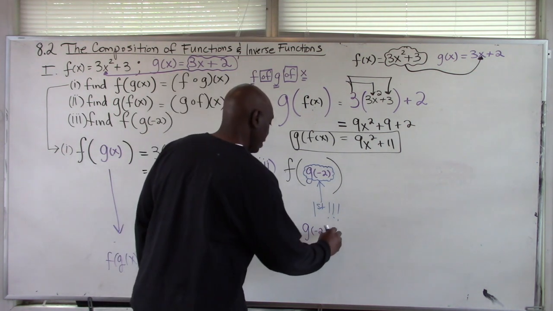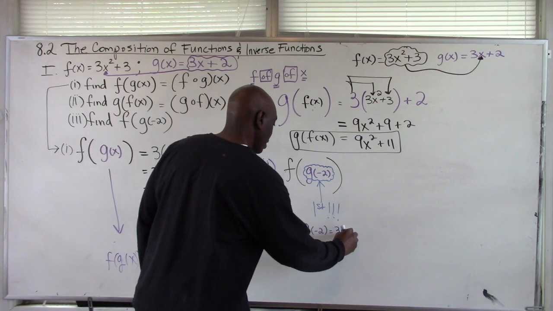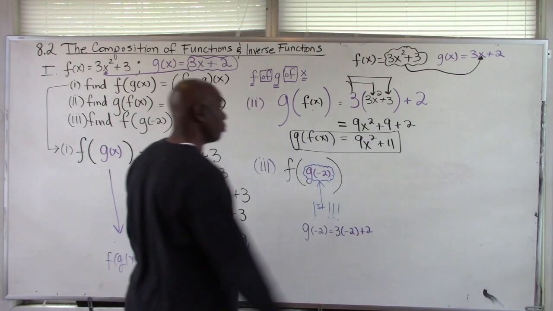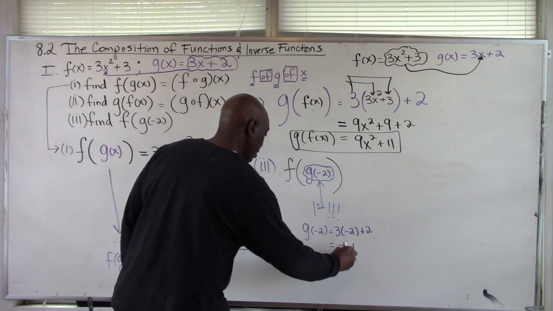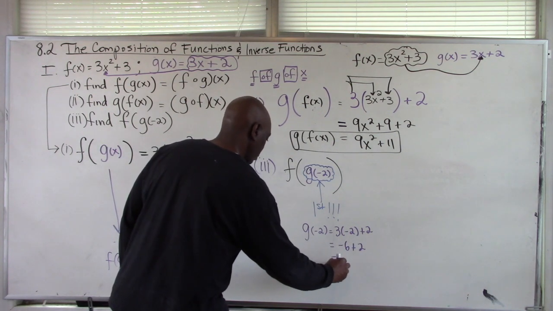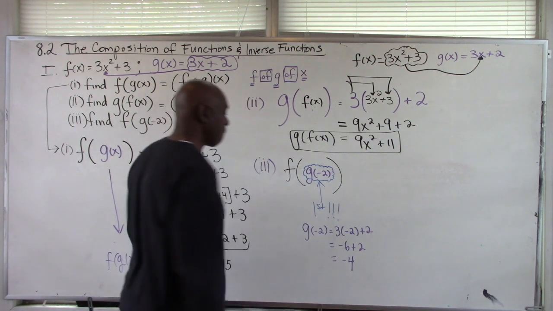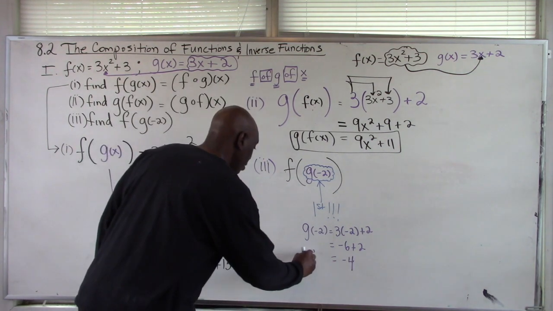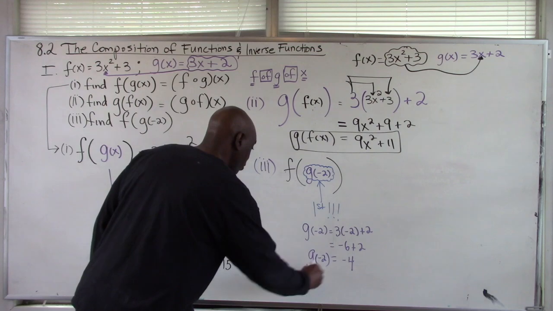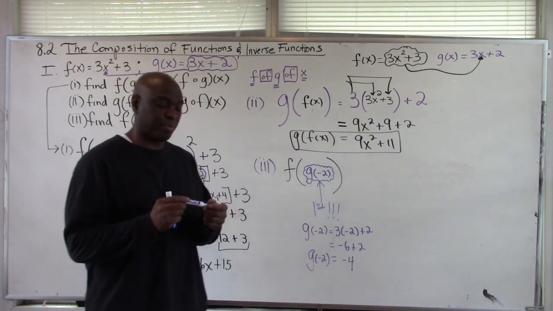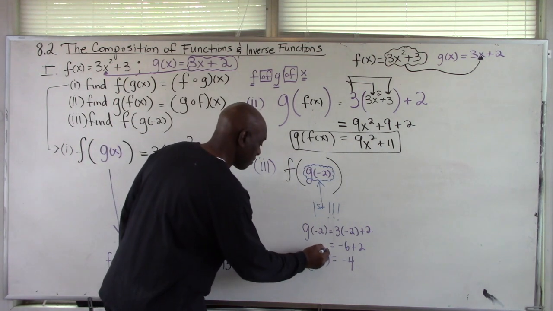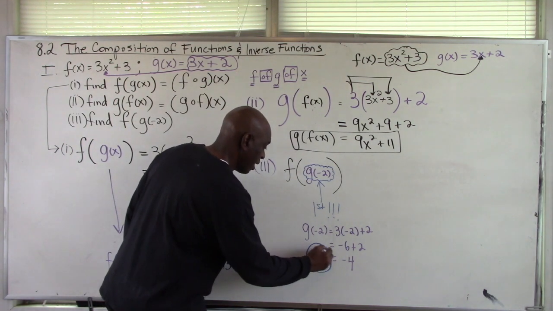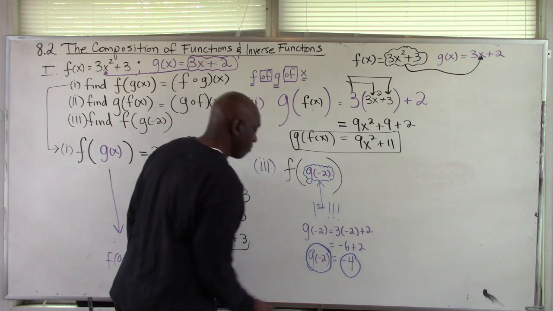That's going to be 3 times negative 2 plus 2, which equals negative 6 plus 2, which is negative 4. Okay, so g of negative 2 is negative 4. You got it? So this, g of negative 2, is the same as negative 4.